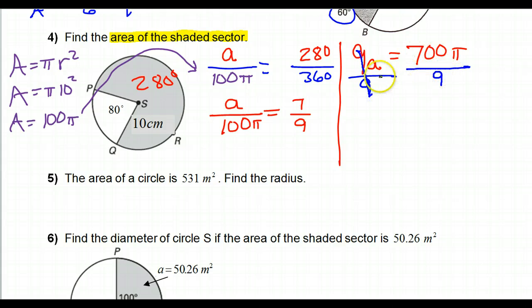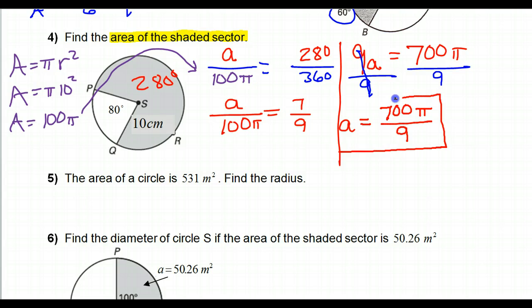Okay, 700 is not divisible by 9. So as far as an exact answer, that is it. The area of the sector is 700 pi over 9. Okay, and this is centimeters, so this area will be centimeters squared.